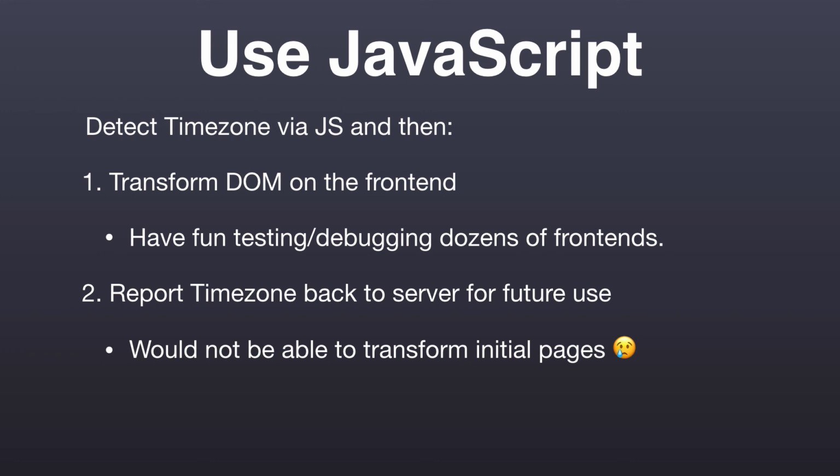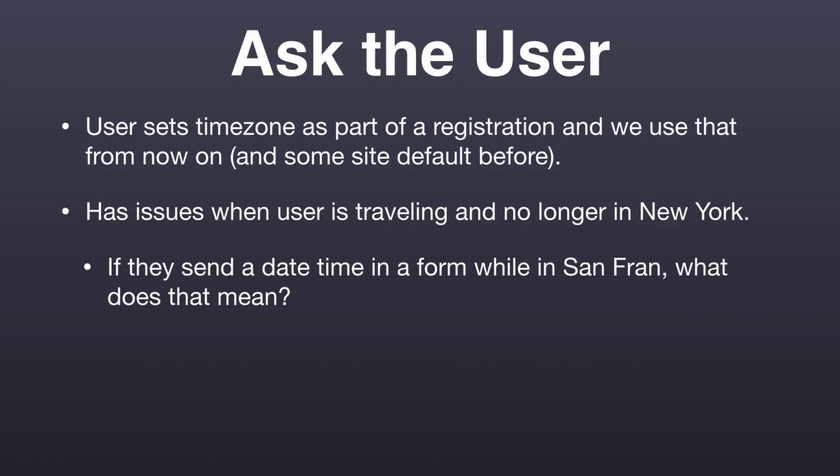Another third way is to ask the user. You see this in forum software a lot, where the user registers for the forum, and as part of that, they say, I'm in Eastern time, or I'm in Pacific time. And then the forum from that point on will just transform all the date times on the server to the user's time.